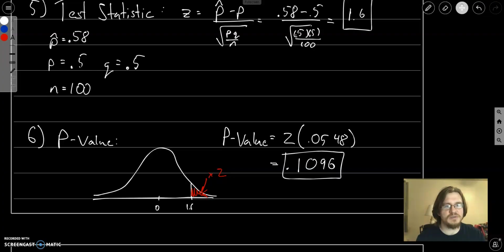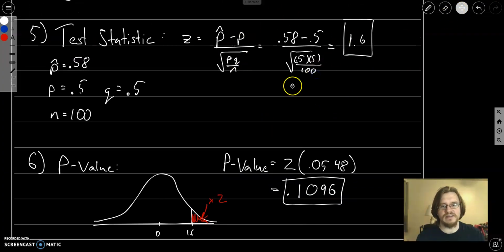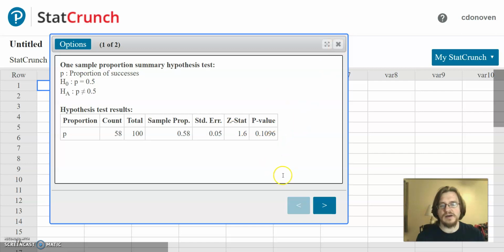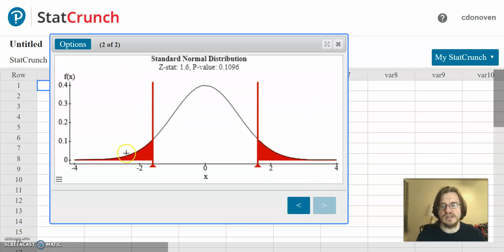And to be honest, there wasn't a whole lot of calculation anyway. This was essentially 2 equations, or 1 equation and then 1 looking up in StatCrunch. And if we click this arrow, we can see the picture that's going on here. This is our standard normal distribution. Our z-score is 1.6, which is right here.